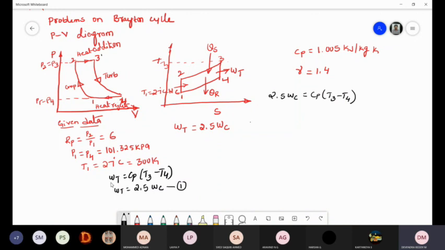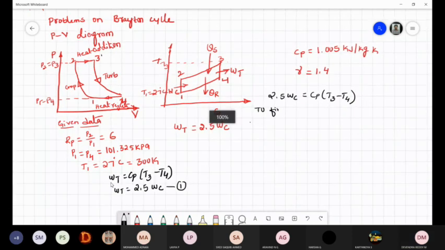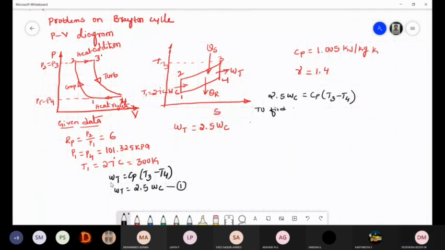And now to find T2, T3 and T4, we have to find out all these values because we want the compressor work, turbine work and efficiency.